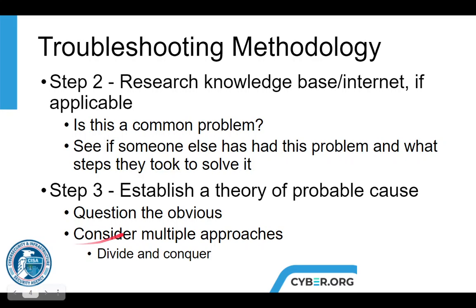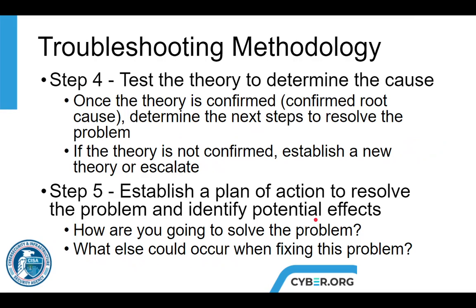So again, divide and conquer, if that makes sense. That's an example of when divide and conquer can happen and help you. So try to figure out what is the probable cause. These can kind of go together, because you might need more research too as you're going through the probable cause research, those theories.